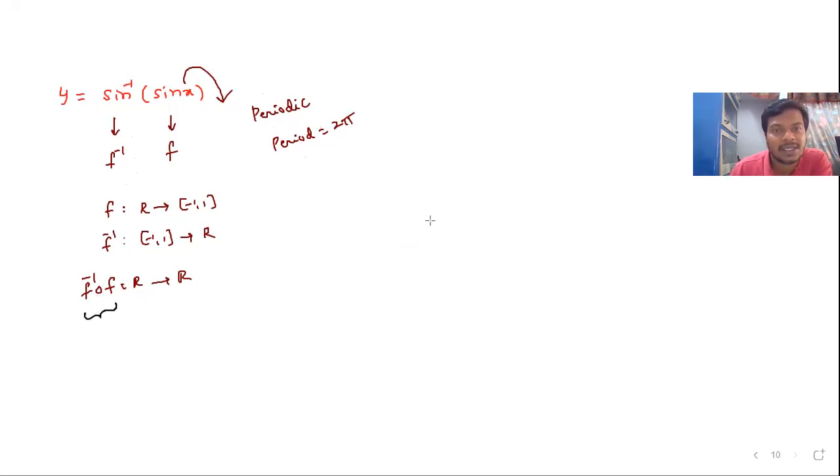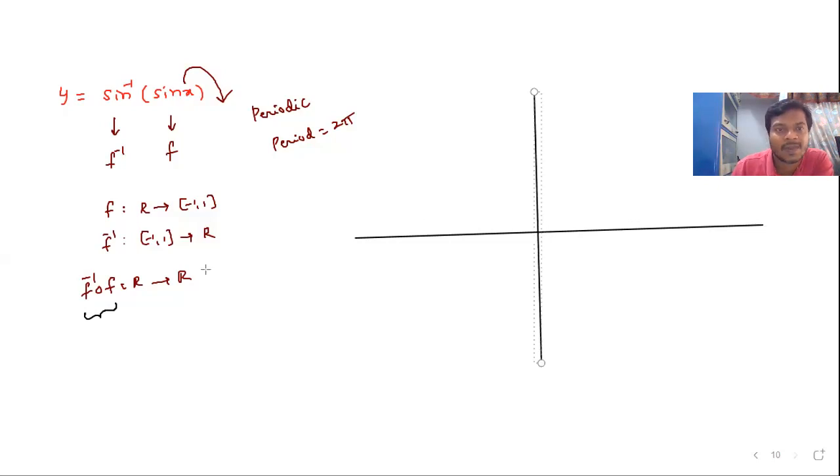Let us draw the graph. This is the domain, not the range, remember. Sorry, this is the codomain, not the range. First I'm writing the x values 0, then pi by 2, then pi, next 3 pi by 2, and then 2 pi.